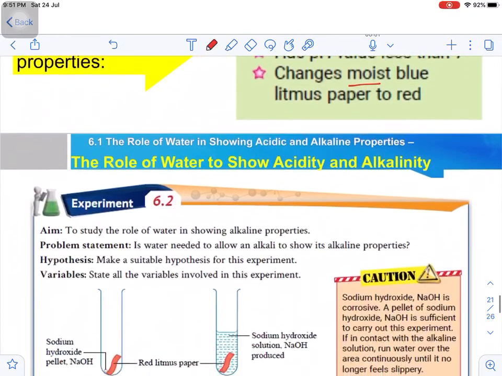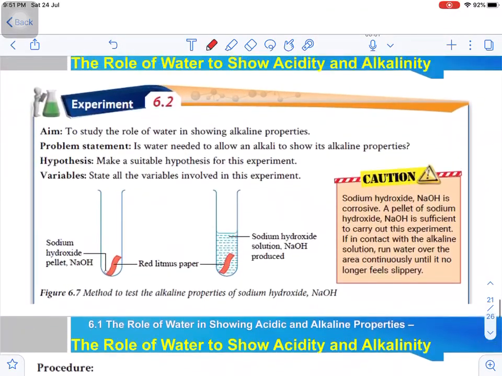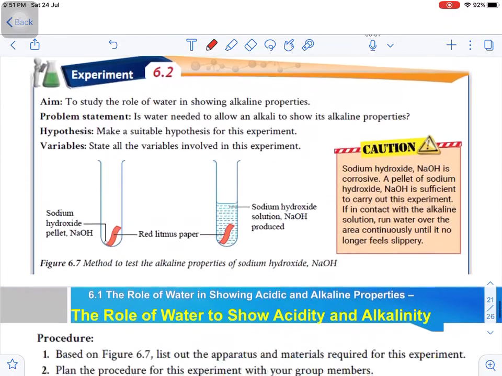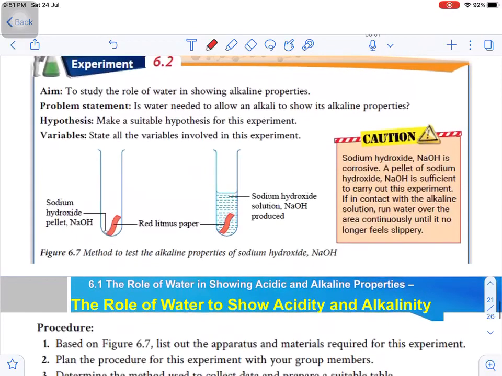Okay, next, the role of water in showing alkaline properties. This is the same step as in the experiment, just that we change the chemical substance from acid to alkali.